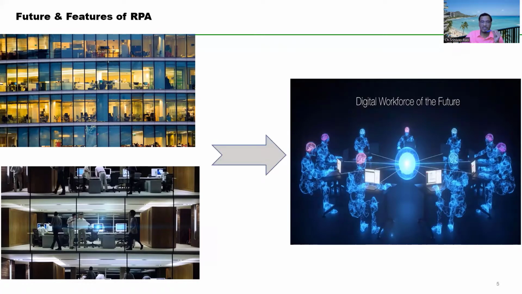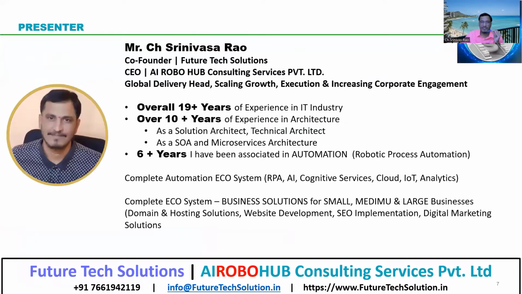Before that, I would like to introduce myself. I am Srinivas. I have 20 plus years of experience in the IT industry. Over 10 years, I worked as an architect. During my architect tenure, I worked as a solution architect, technical architect, and even on SOA architecture and microservice architecture. And for the last 6.5 years, I have been in automation.